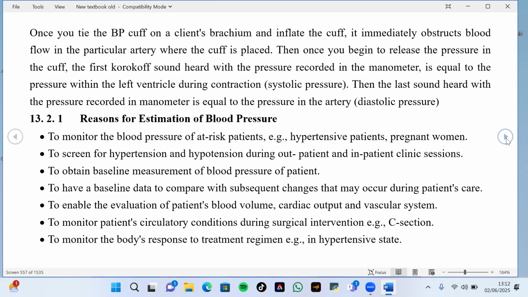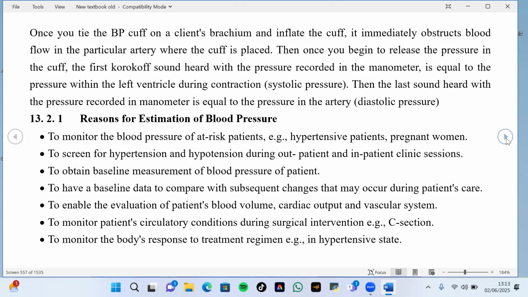It's just finding its way out to go to the vein. So it will now record it, and that pushes it higher. Once that pressure decreases, the actual pressure in that artery will be recorded, and that will be the systolic and diastolic pressures.